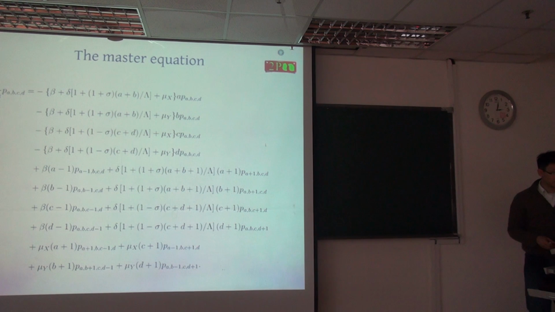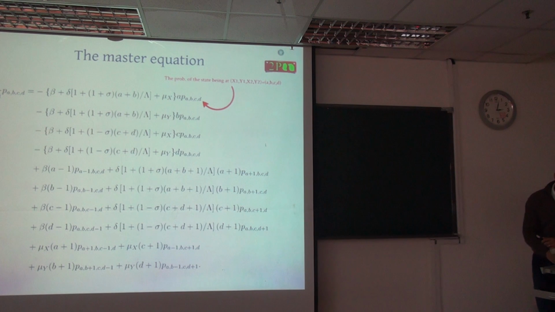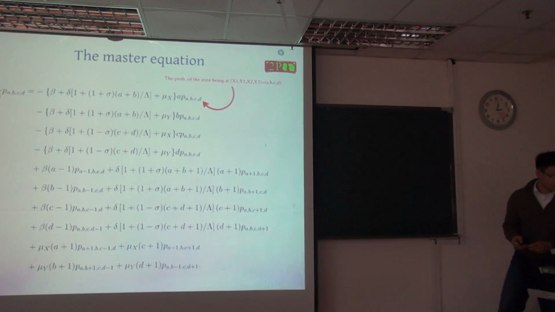You can use the same concept to compute the mean field model, but I chose to use a two-patch model. So here you write down the master equation. Anyone who has learned stochastic processes should be able to write this down, where P(A,B,C,D) is the probability of the state x1, y1, x2, y2 being equal to A, B, C, and D.